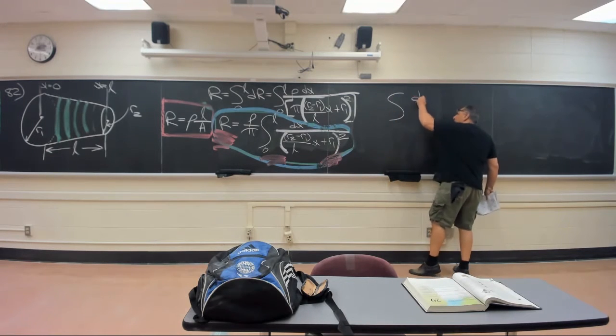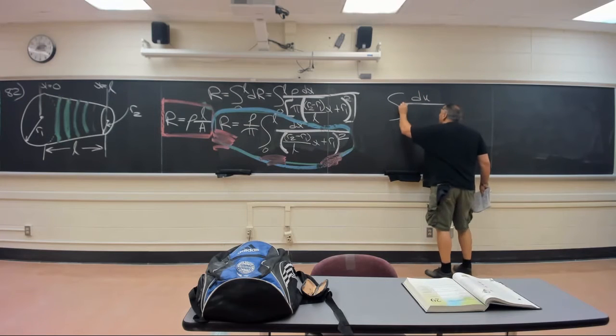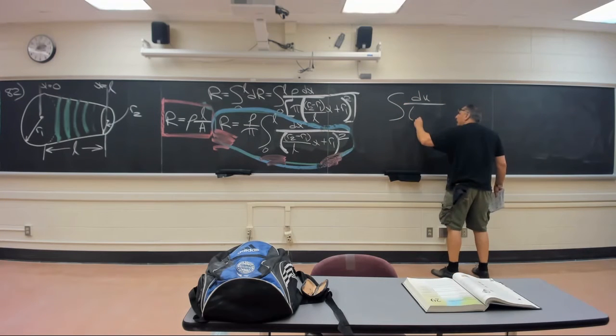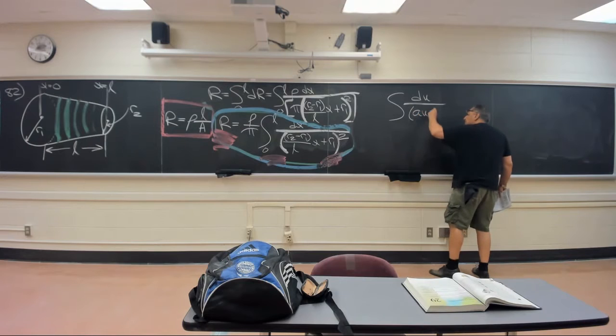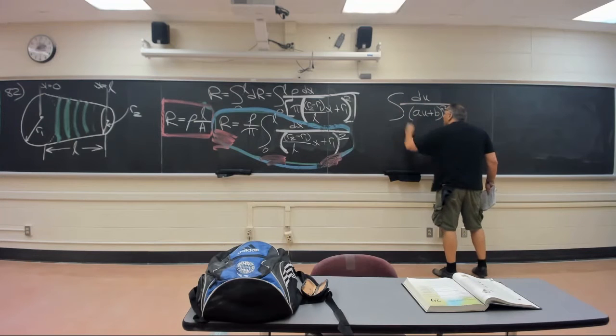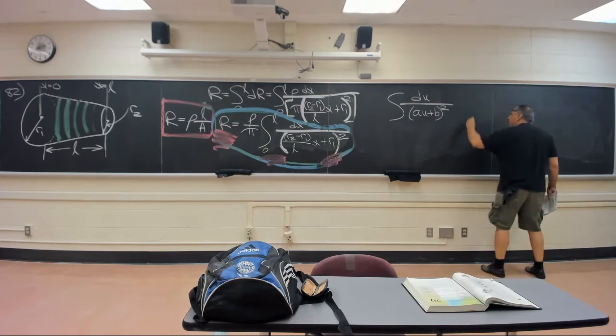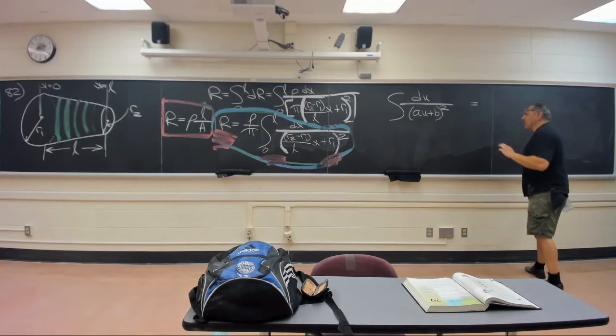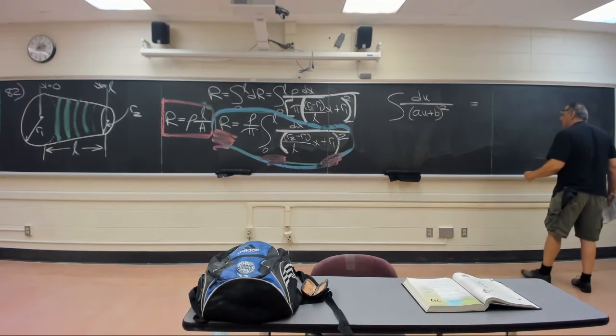Look at the actual situation: a u plus b on the bottom, that quantity squared. If you integrate that, not going to worry about the limits, let's just get an antiderivative.